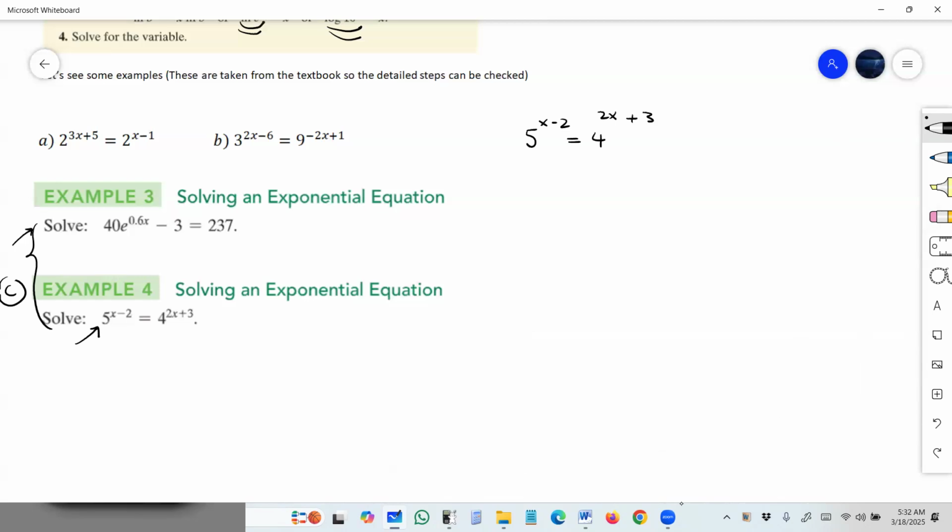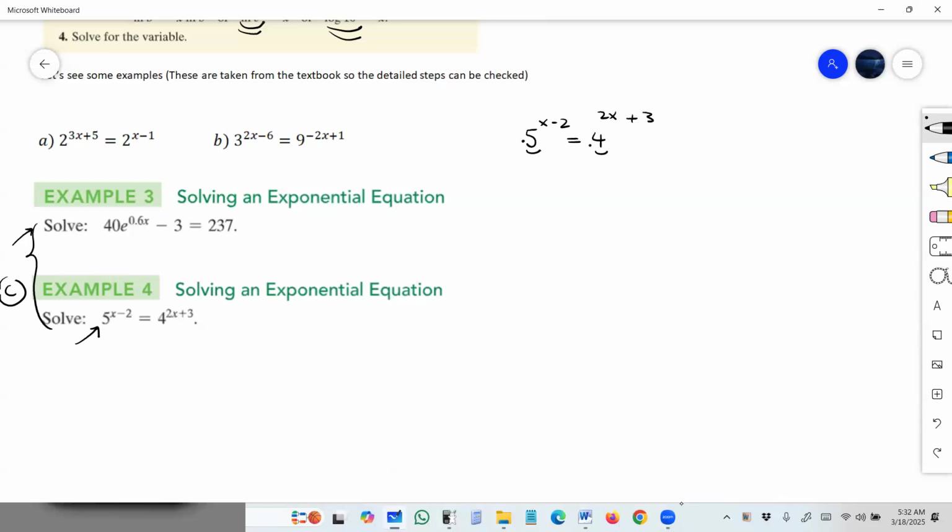Now both exponential expressions are isolated on their side, and obviously I cannot convert 4 to 5 or 5 to 4. So what do we do? You will take the log of both sides using one of these two bases.